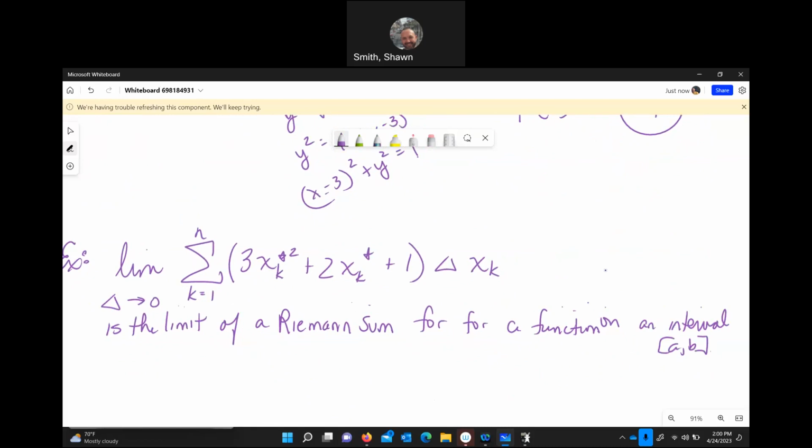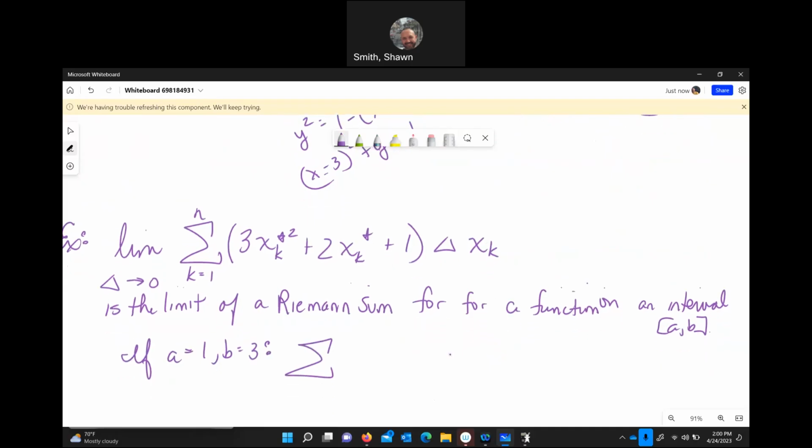So let's say if a is equal to 1 and b is equal to 3, we can rewrite this as the same thing we have written there. We probably didn't need to rewrite it, but that's all right.